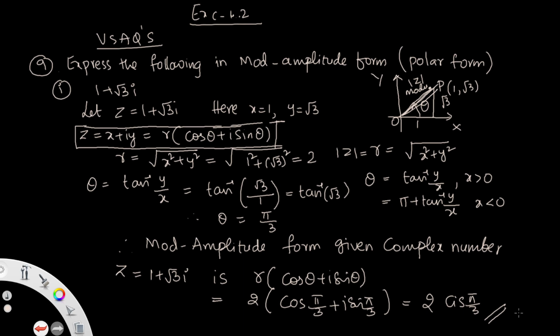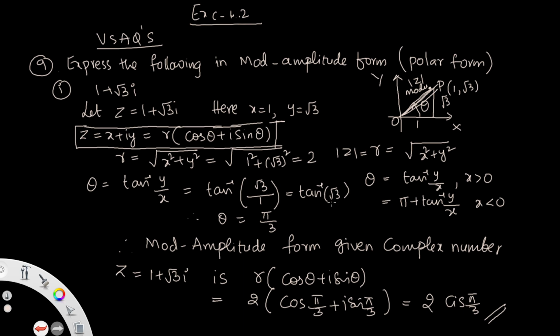Therefore the modulus amplitude form of the given complex number z equals 1 plus root 3i is r into cos theta plus i sin theta, that is 2 into cos pi by 3 plus i sin pi by 3, and in simplified form 2 into cis of pi by 3.